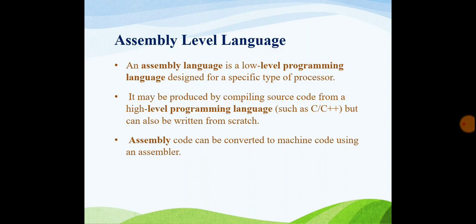These mnemonic or symbolic codes cannot be directly executed on the computer, because the computer can only understand machine language. So what we have to do is convert the code written in the assembly level language to machine language, so that the computer can understand and execute it.